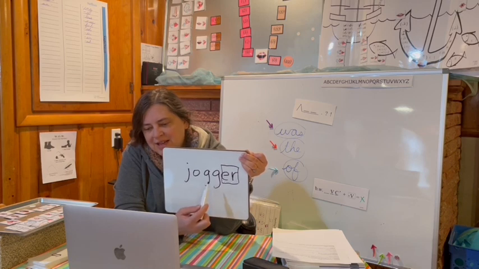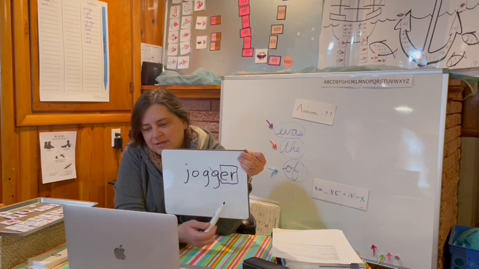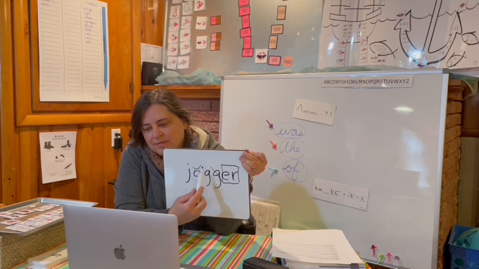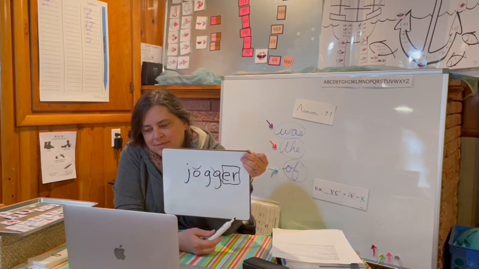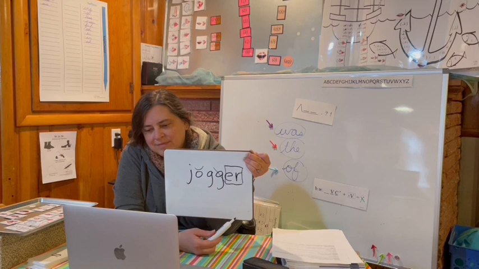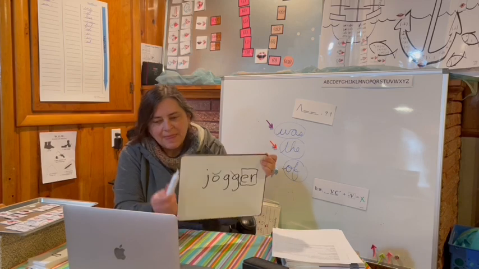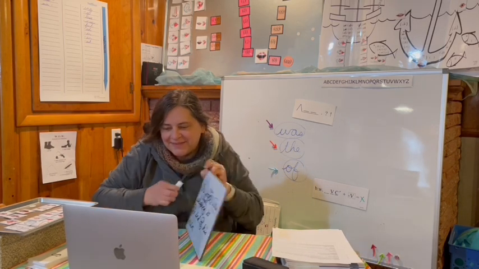So I had to double my consonant, okay? Yeah, that was that tricky rule I was teaching you. Jogger. The doubling rule. It's called the doubling rule. It's a little squish because I had to squish it. That's fine. All right, show me again.